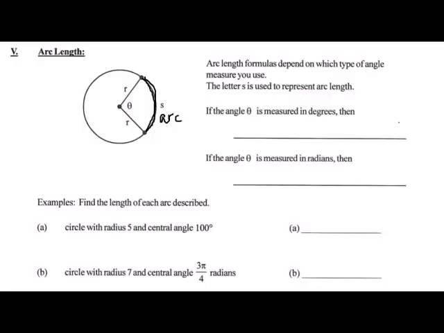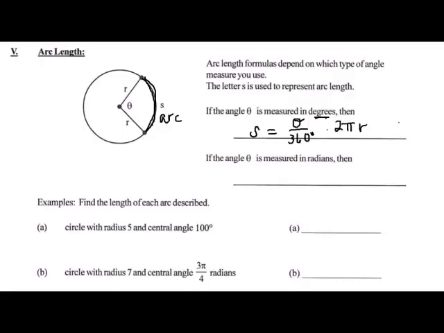So if the angle theta is measured in degrees, then our formula to find the arc length is theta over 360 degrees times 2 pi r. So again, degrees, notice we have 360 degrees in our formula.